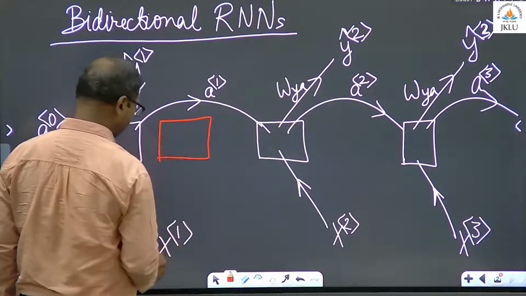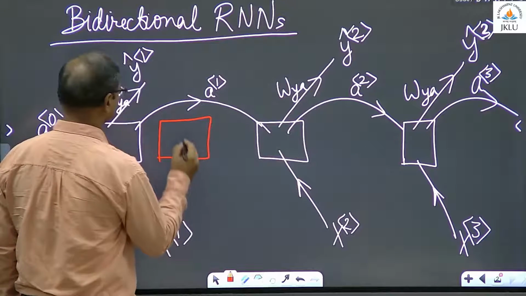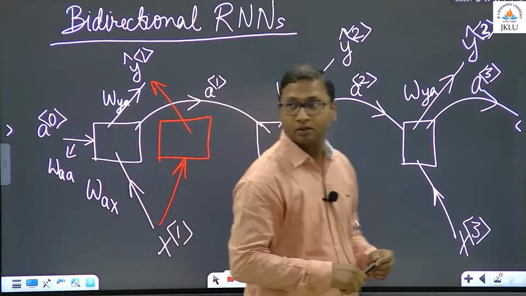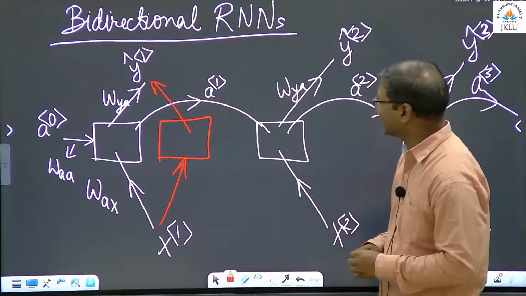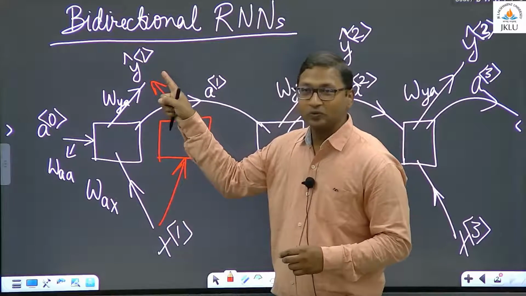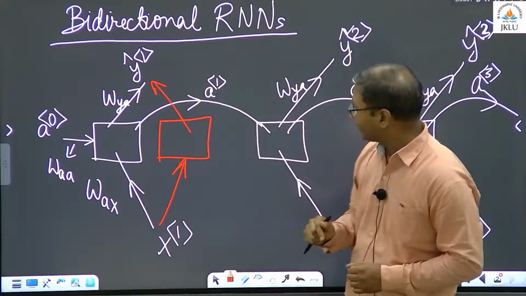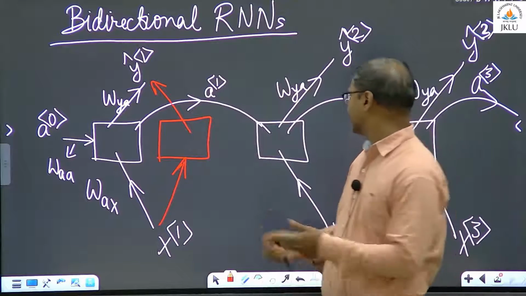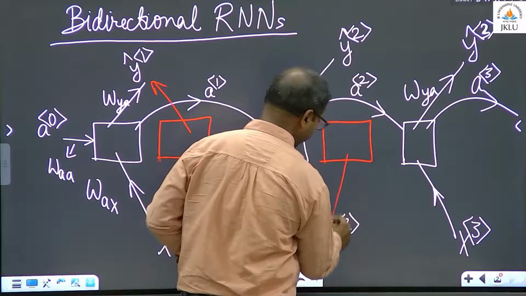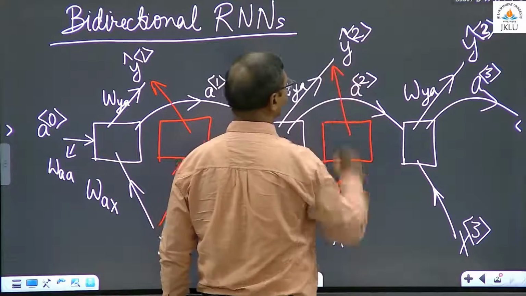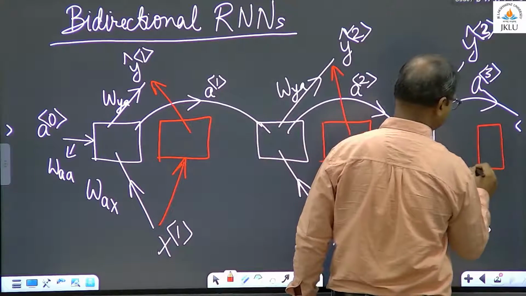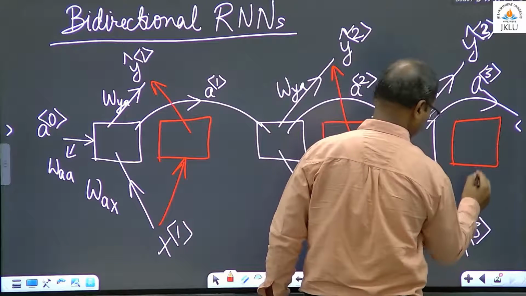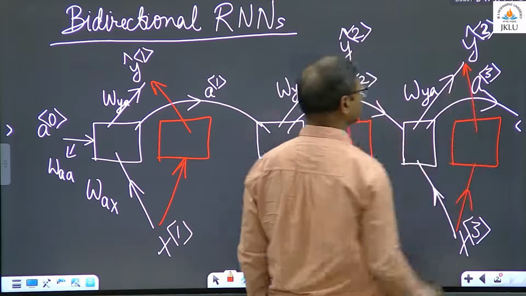So this one here, it takes X1 as input, okay, it contributes to y hat 1, and similarly you will have here, this takes input x2, contributes to y hat 2, similarly you have it here, this takes input x3 and contributes to y hat 3.